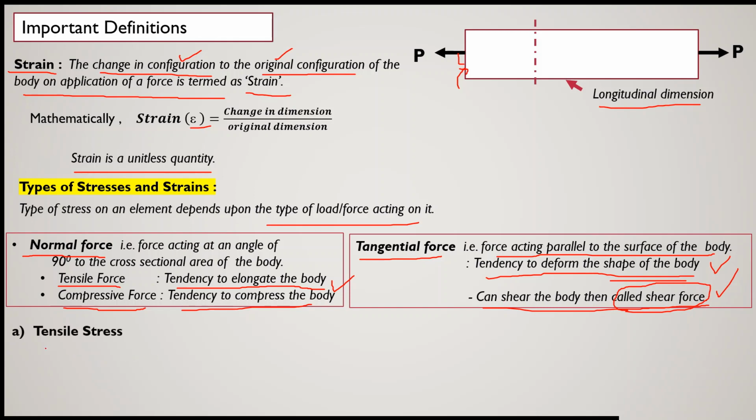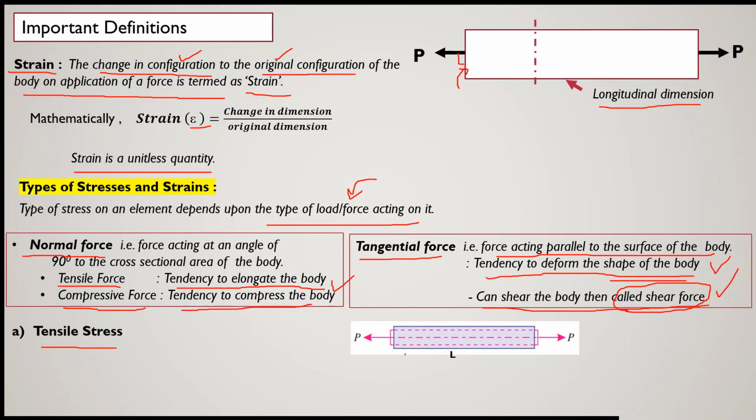Now, tensile stress. As I have already told you, the type of stress depends on the type of the load or the type of the force. Now, when will tensile stress act? See here in this figure, this blue color body is the original size and shape of the body.